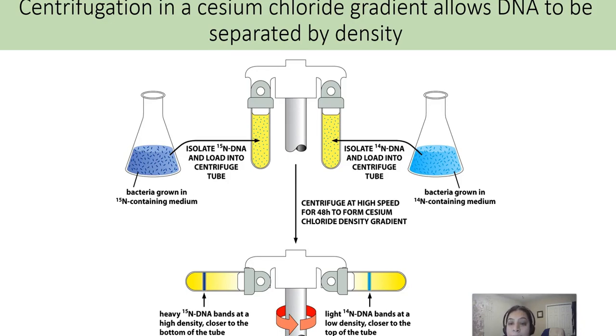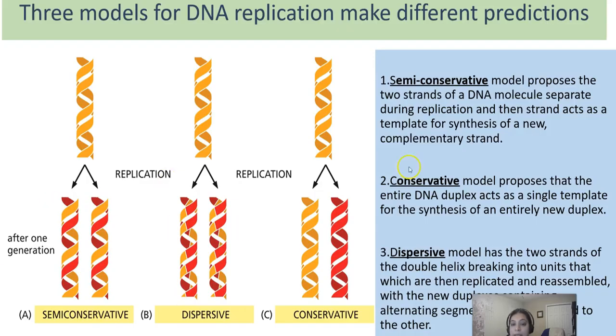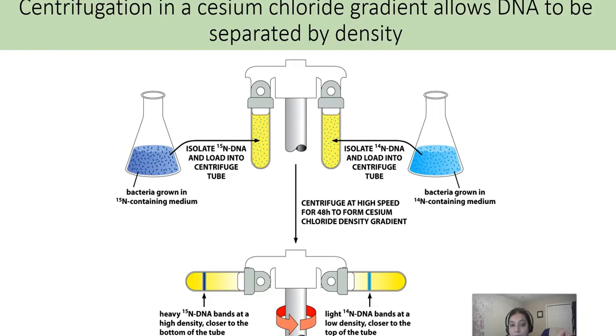Then, when they use a cesium chloride density gradient, they can look at the bands and see where the DNA is. If it was a conservative model, where you have an old and a new, all the old DNA, because it was non-radioactive, would give one band, while the heavier new DNA would all have a higher band with the N15.